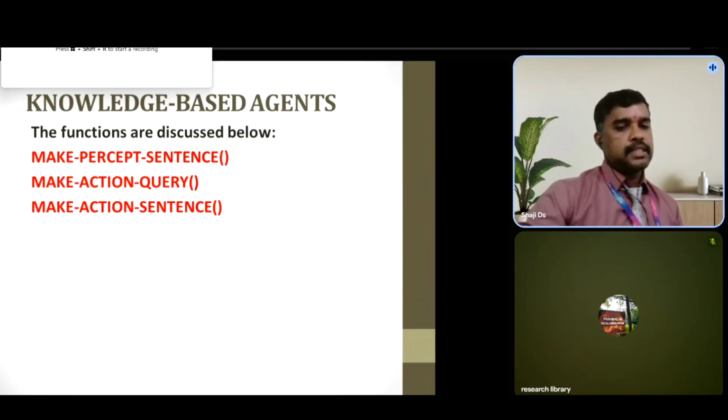And the make action sentence function returns a sentence which tells that an action is selected and it is well executed. You understand? So this function tells that one action is taken for a problem and the problem is solved, or it has to be executed well. It is specified by this function, make action sentence.